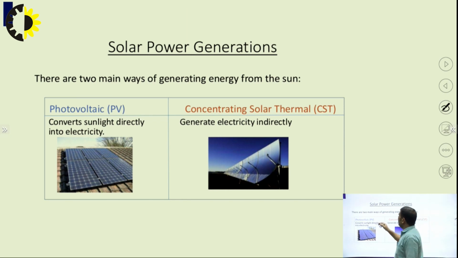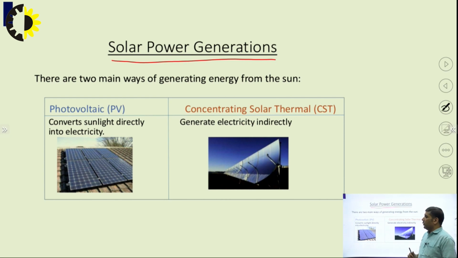So first, introduction: solar power generation. As you know, the sun's energy is abundant and available free of cost to human beings. There are mainly two ways of generating energy from the sun, or you can say solar rays, sunlight.